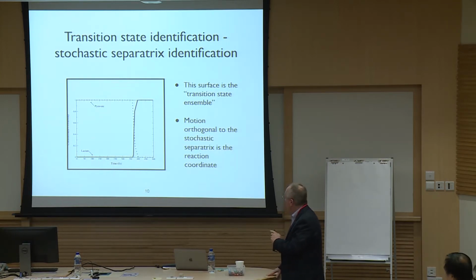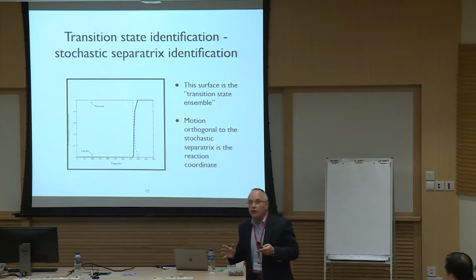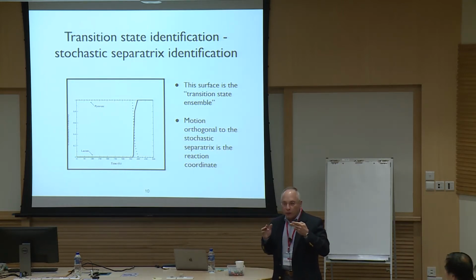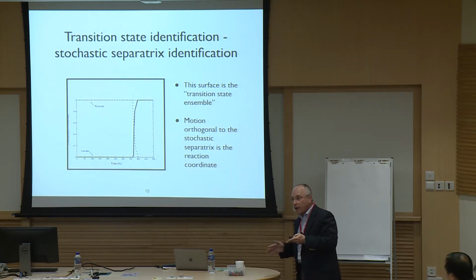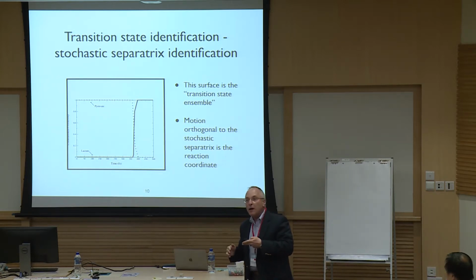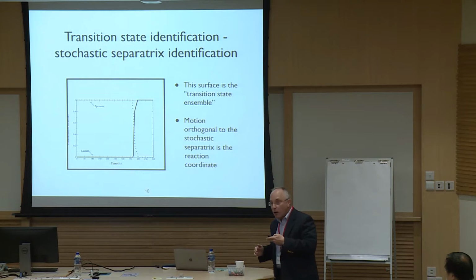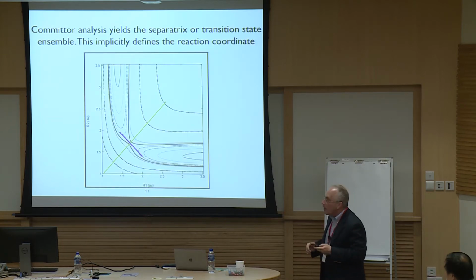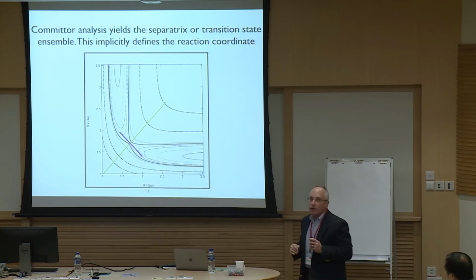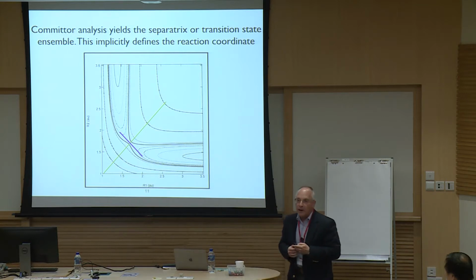And the idea behind this is, if you could do this for all of the trajectories that you've calculated, you would be much closer to finding the actual reaction coordinate. And the reason for that, in turn, is the reaction coordinate is motion that is orthogonal, perpendicular, to motion along that stochastic separatrix. And I'll show you a little picture here. If you remember back to your childhood when you were studying the H plus H2 reaction, this is the Porter-Karplus potential surface.